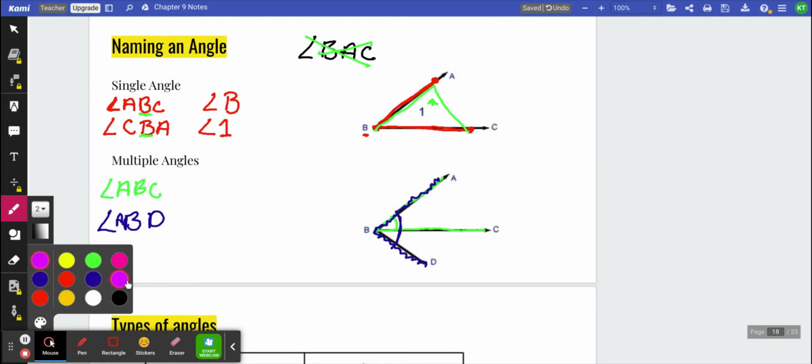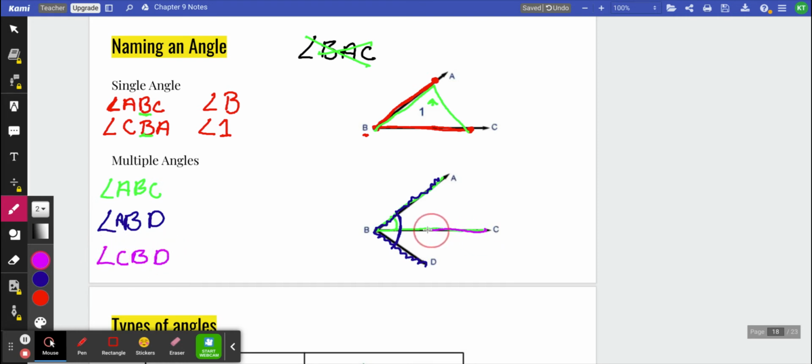And we could also say angle CBD, which refers to just this angle right there. So there are 3 angles involved, which means I can't say angle B when there are multiple angles, because I don't know if it's referring to this little green one, this little purple one, or this large angle that consists of both of them. That's only when there's a single angle.